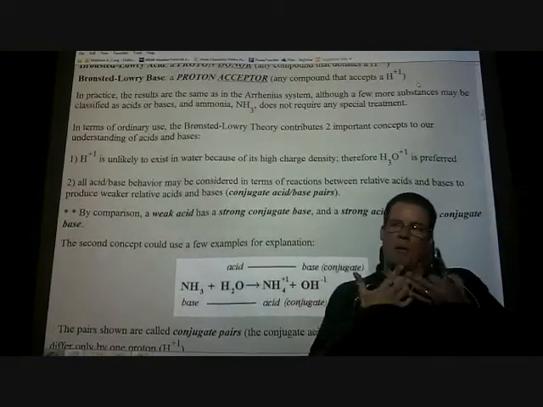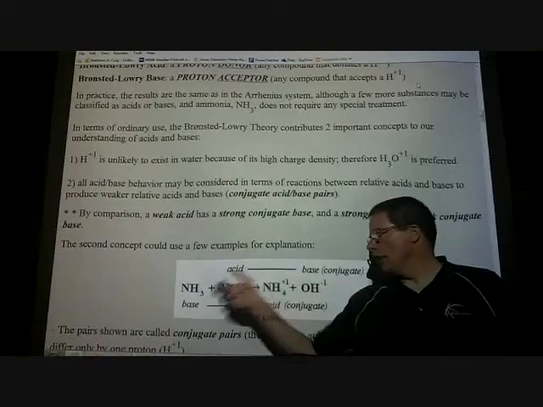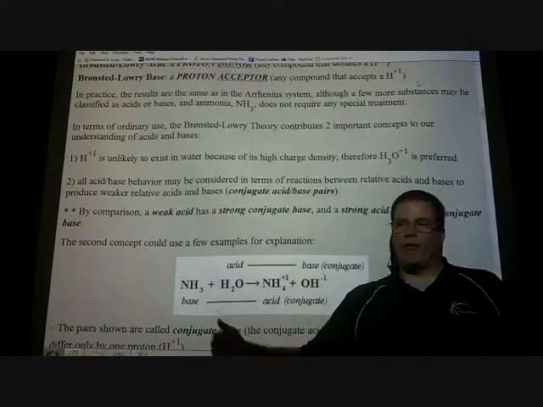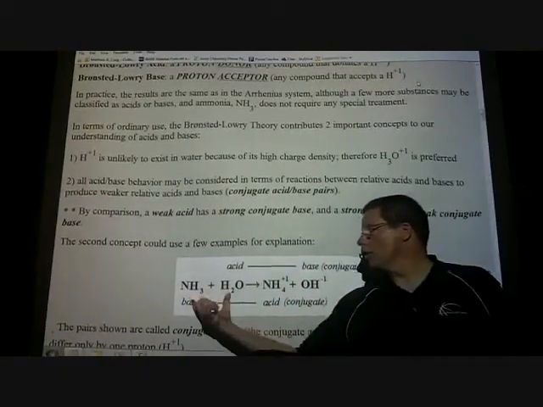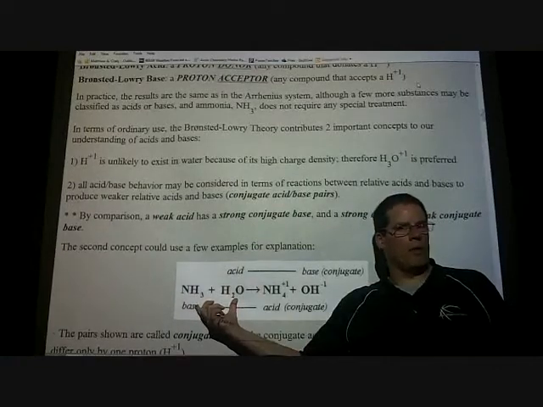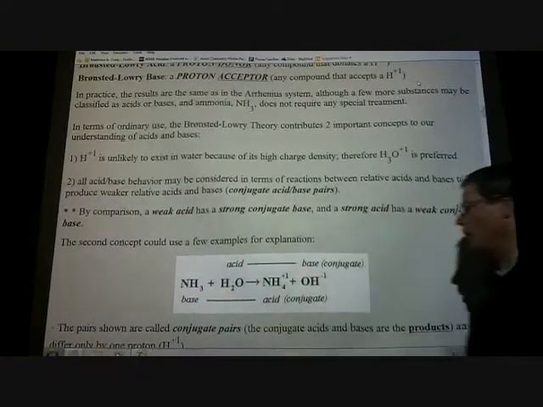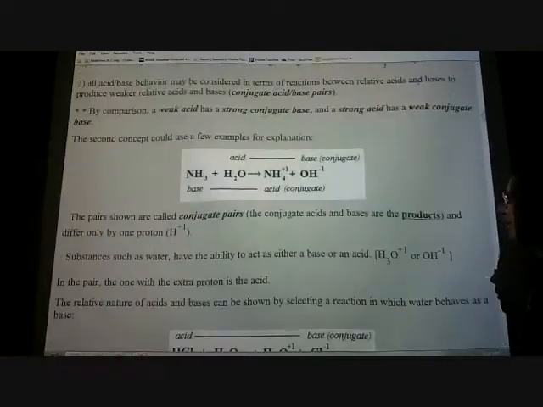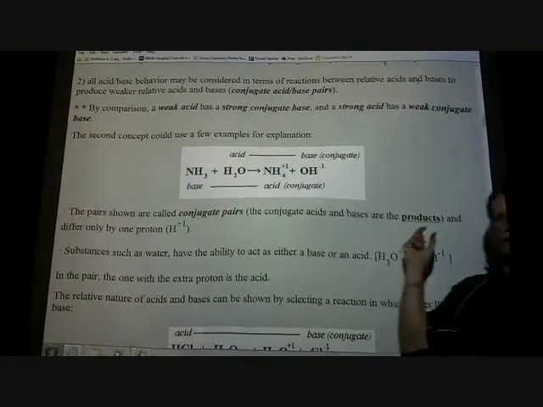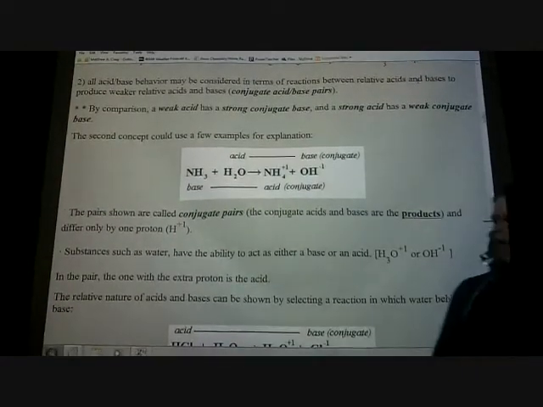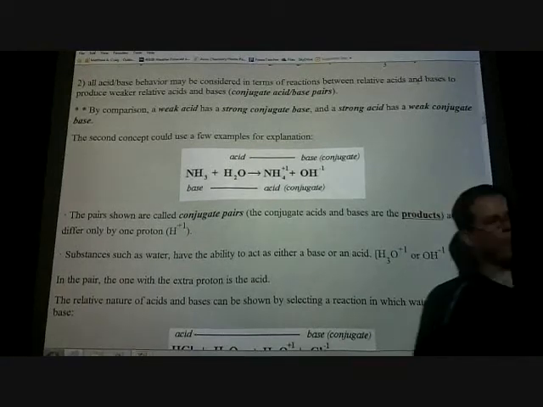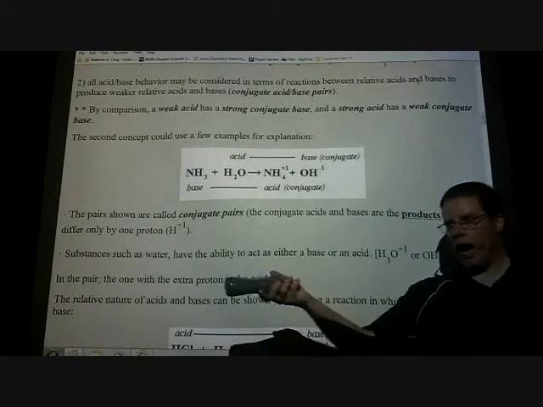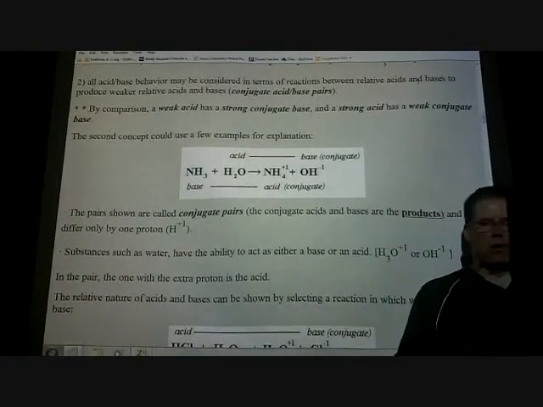Now, if I say something behaves like an acid, it could be on either side. But if I say identify the acid, then it's on the reactant side. Okay? That's probably a little confusing until we do some examples. But conjugate pairs, again, are always considered products. And whether it's an acid or a base follows suit. Is it donating a hydrogen or accepting a hydrogen?